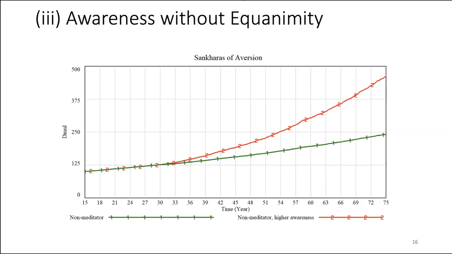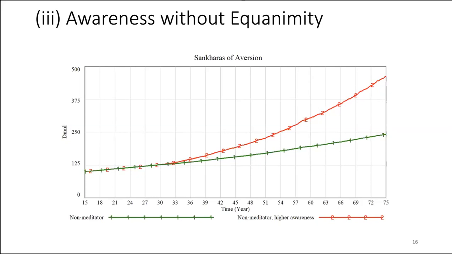So if you quit the course too early, you might end up with a higher level of awareness of your senses, but not a matching level of equanimity to be able to remain equanimous to those sensations. And this can create a dangerous situation where the person is much more sensitive to outside stimuli, let's say, either pleasant or unpleasant, but is unable to remain non-reactive towards them.